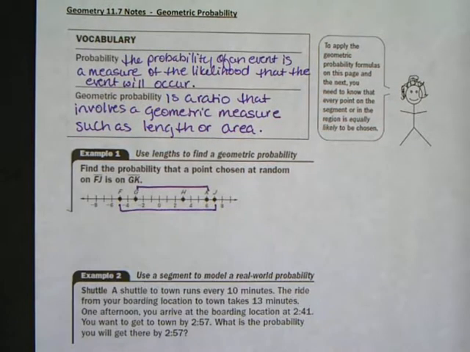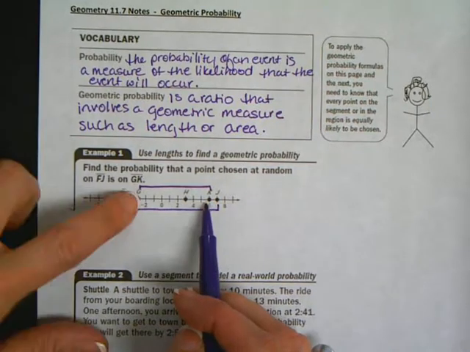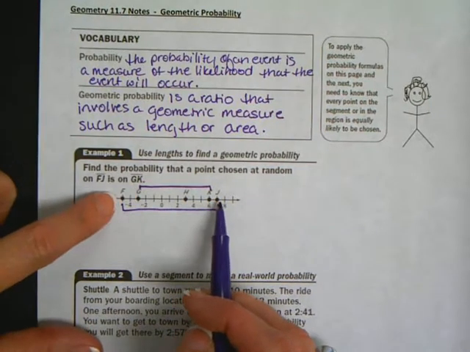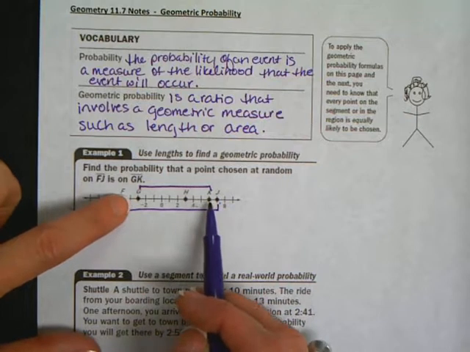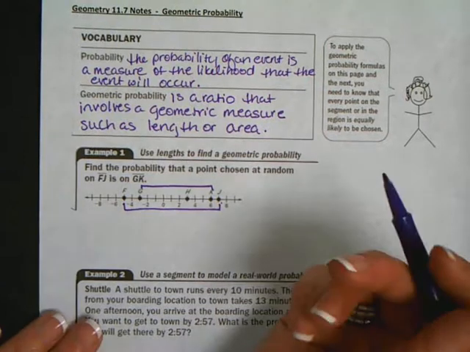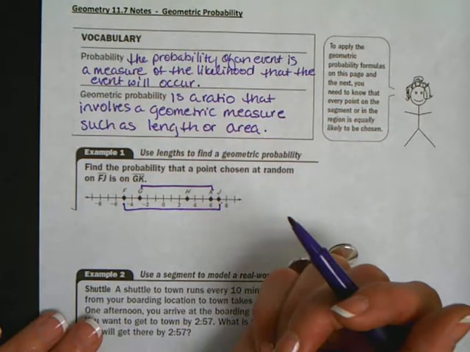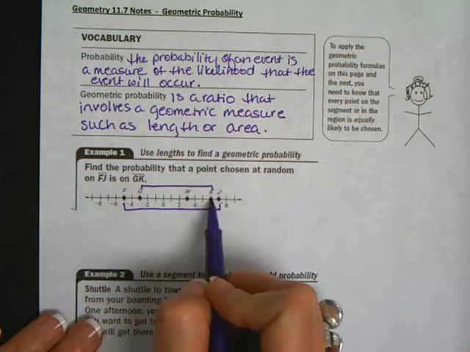To figure out the length of that, a lot of people are just going to count it. That's usually the easiest way. How far is it from G to K, and how far is it from F to J? Now, the good mathematical way to do this is to find GK as the absolute value of the difference between the 2 point locations.